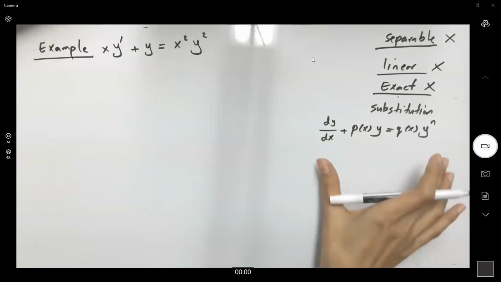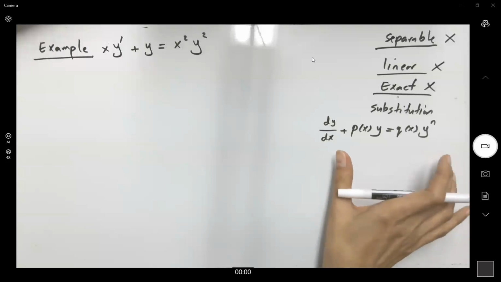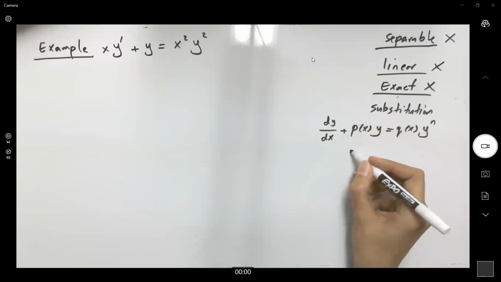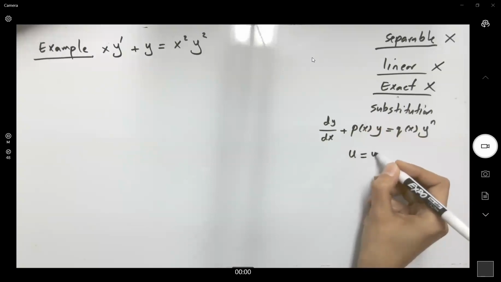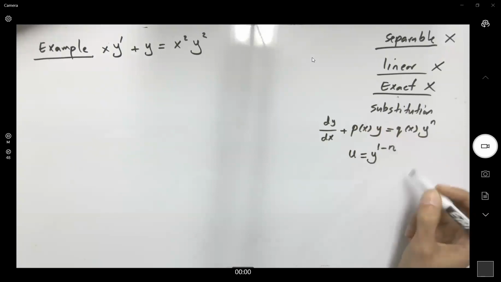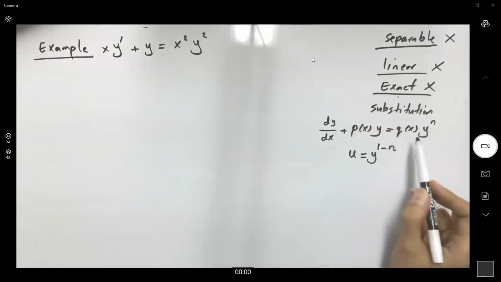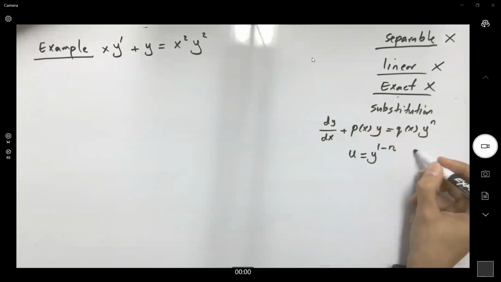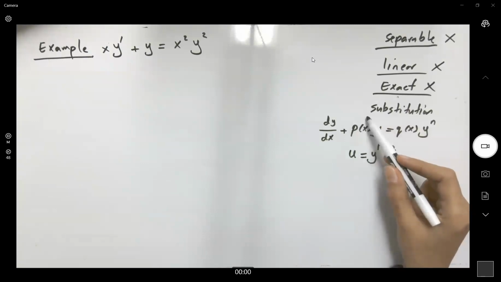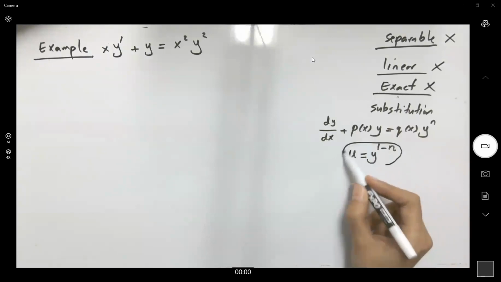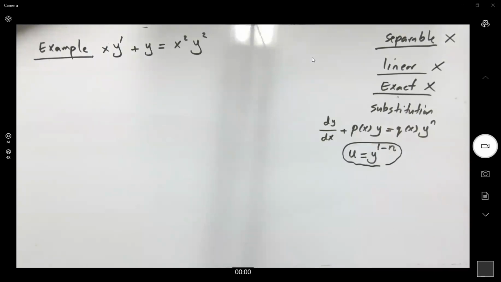If we see a format like this, then we can apply a substitution method. In this substitution method, your u becomes y to the power 1 minus n. An equation like this is a famous equation called Bernoulli's equation. So substitution for Bernoulli's equation is u equals y to the power 1 minus n. Bernoulli.